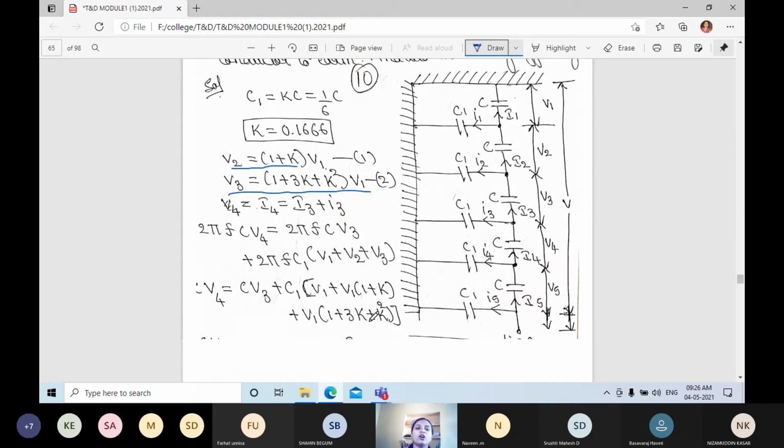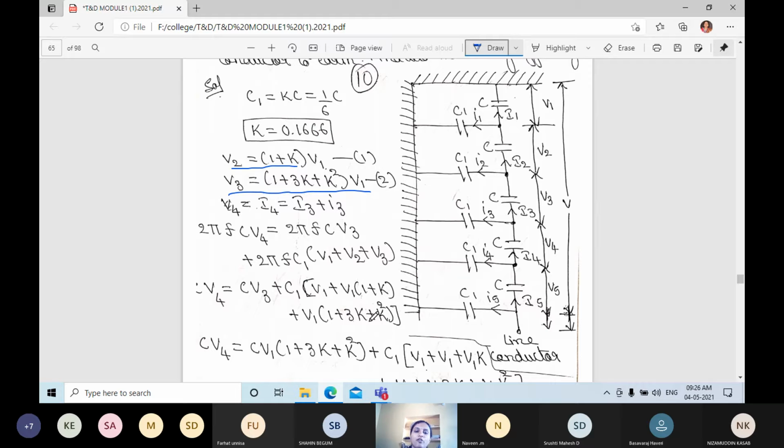Here we don't know the value of V4. So we need to calculate V4 first. To find V4, I4 is equal to what here? I4 is equal to capital I3 plus small I3.